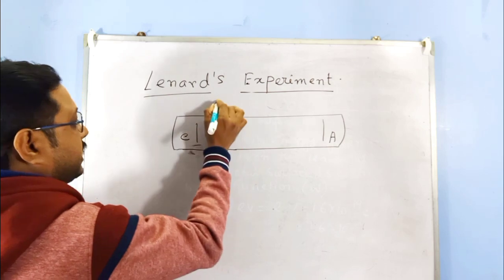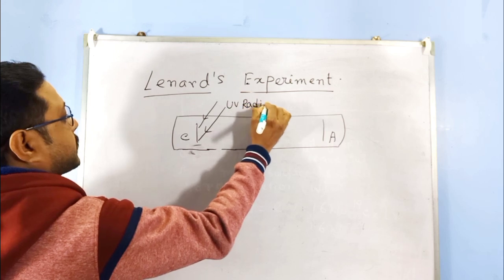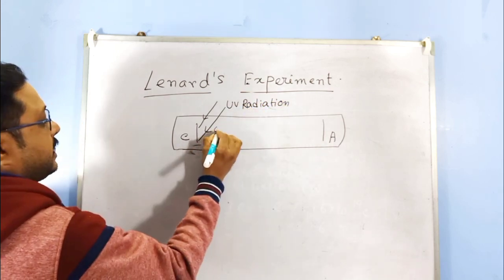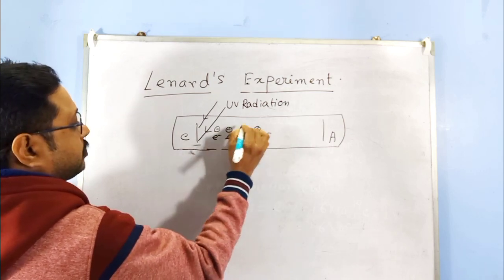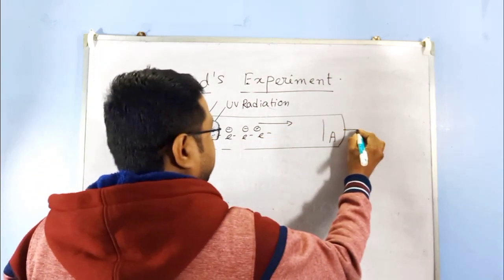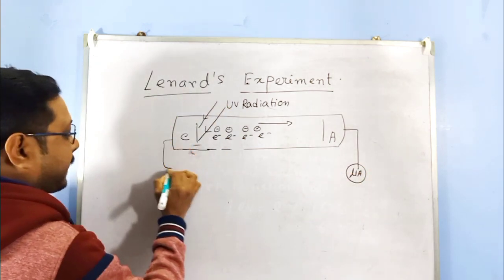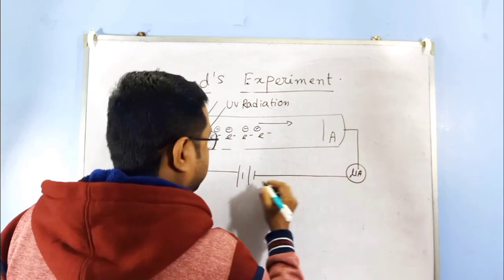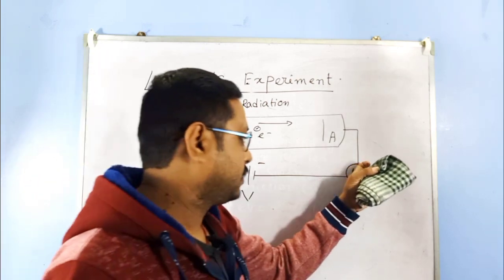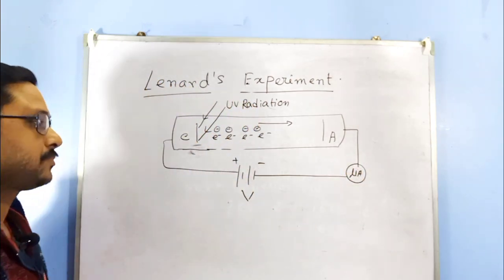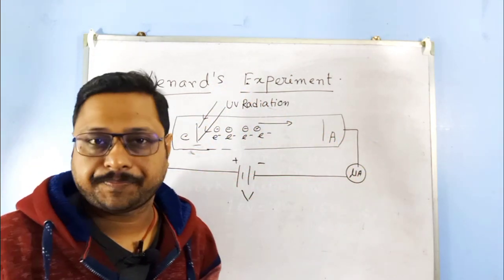Then, upon irradiation of ultraviolet radiation, UV radiation, some electrons come out from the cathode and go to the anode, and a current flows in the circuit. As soon as he stopped the UV radiation, no current flowed through this circuit.